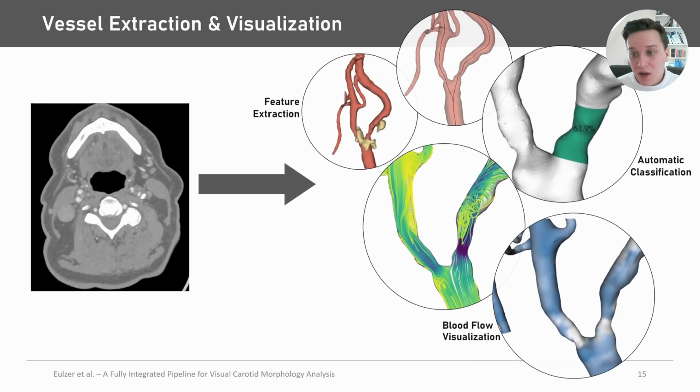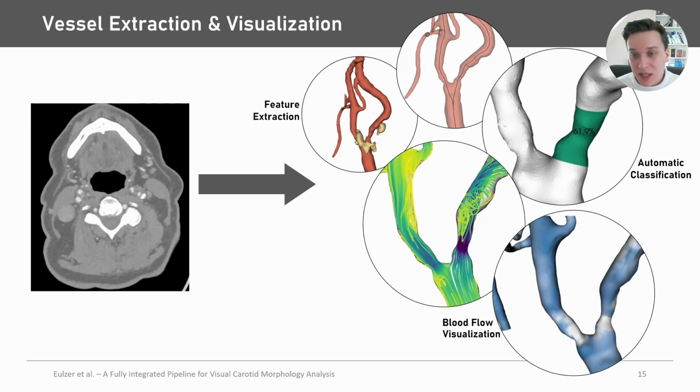The overview of the vessel shape is vastly more intuitive. You can do an automatic or an objective classification, as I will show in a minute. And there are ways to incorporate additional information, for example, information on the blood flow. The problem is that these techniques are very difficult to implement in practice.